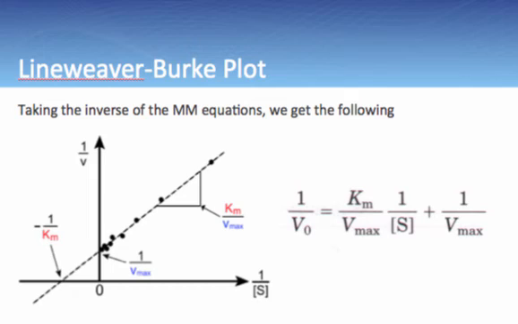Additionally, you can note that the slope of this line is actually Km over Vmax, and so that'll help you when you're constructing plots like this to analyze different Km and Vmax values.